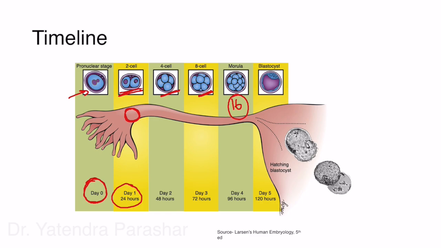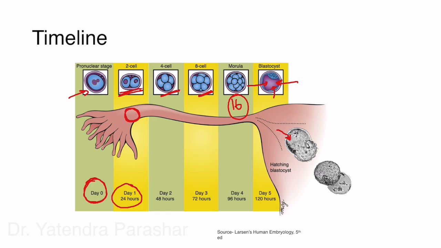And after the formation of the morula, there is influx of fluid from the outer cell layer to form a cystic cavity known as the blastocele, and this whole structure is known as the blastocyst. After this blastocyst formation, it reaches the uterine cavity on day 5 or 6, and it gets expanded.